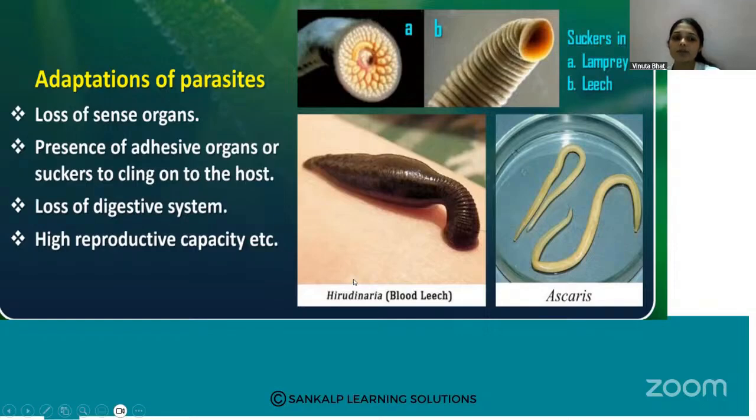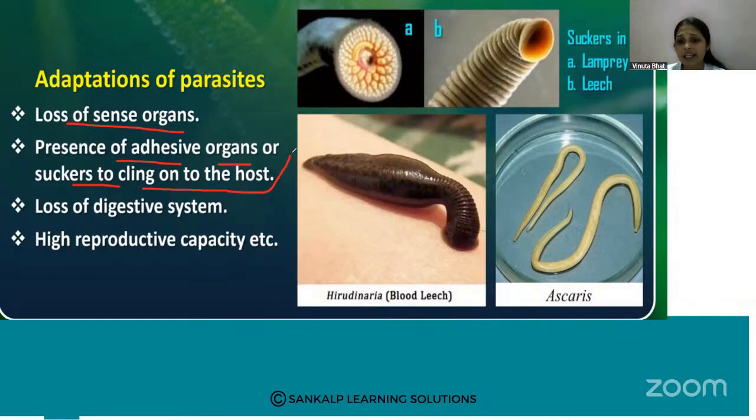Loss of sense organs, presence of adhesive organs or suckers to cling on to the host. So they have suckers to absorb the nutrients and adhere. They develop some structures to attach firmly to the host.